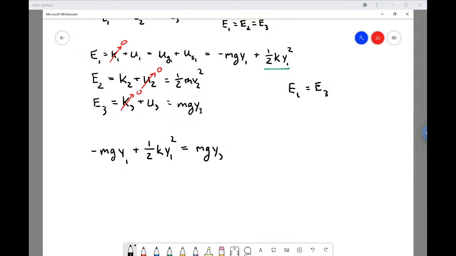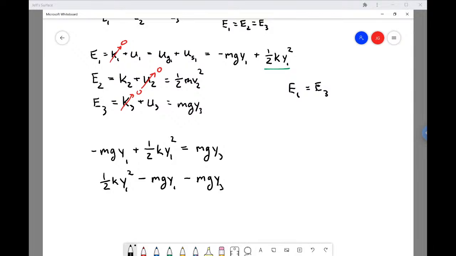We have two terms in here with the unknown y1 in them. y1 squared and y1 to the first power. So we have a quadratic equation here. So let's write the squared term first. Then the term with y to the first power. And we'll subtract the constant.